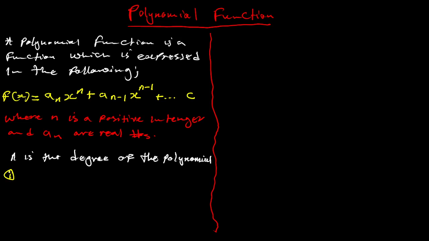In this case the highest degree is 1, because a_1 x means that on top there we have x to the power 1.